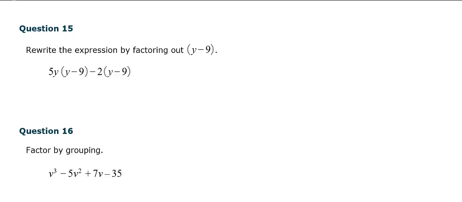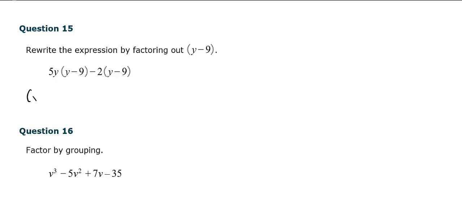Rewrite the expression by factoring out the quantity y minus 9. So we have 5y times the quantity y minus 9 minus 2 times the quantity y minus 9. So y minus 9, since you see it in both, is the greatest common factor.